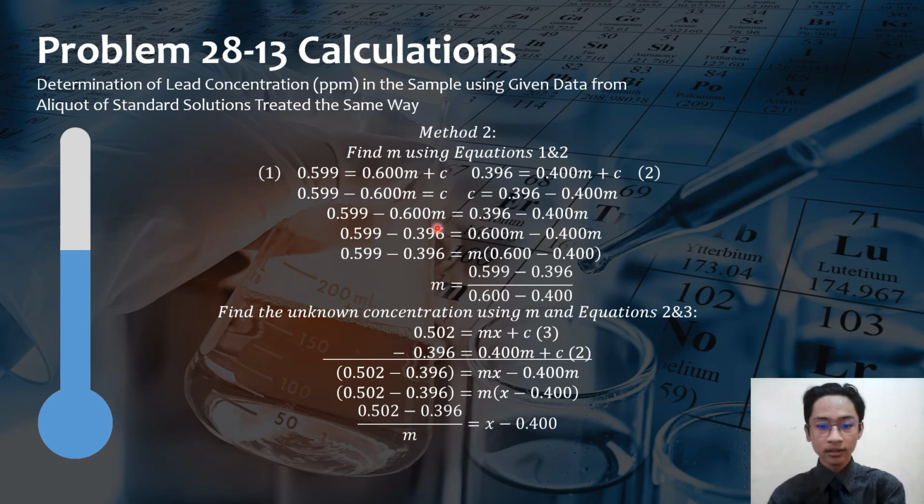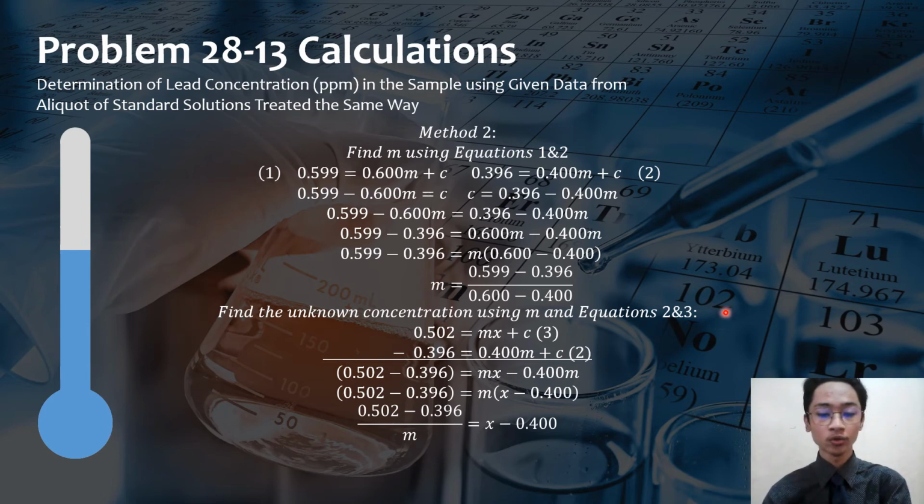Then combining like terms, transposing terms with the m and terms without m, we get 0.599 minus 0.396 is equal to 0.6 m minus 0.4 m. Now we extract m, then we divide 0.6 minus 0.4 to both sides, so we can get m with the value of 0.599 minus 0.396 over 0.6 minus 0.4.